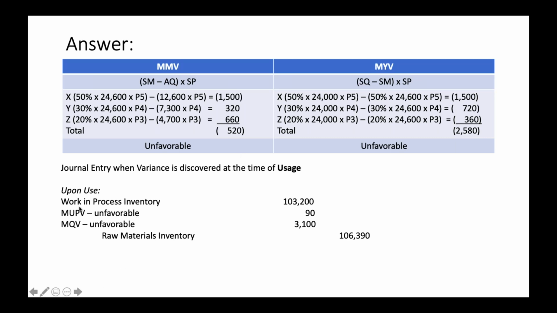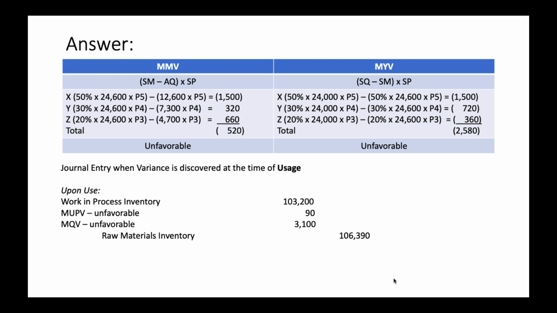So the entry would have been debit work in process 103,200, credit raw materials inventory of 106,390.